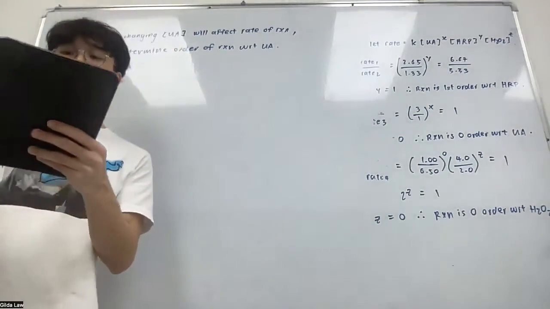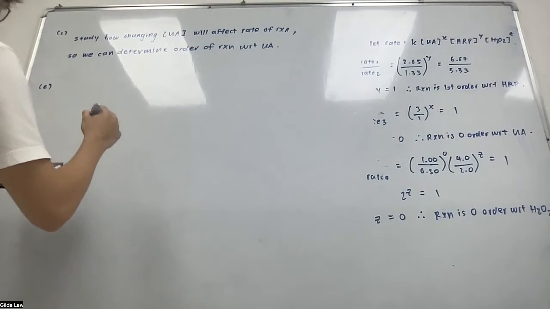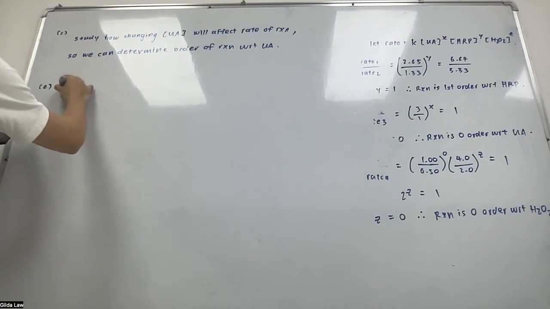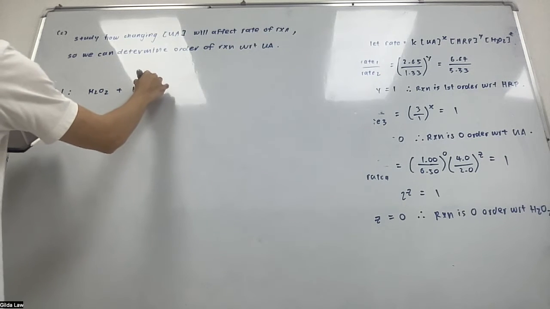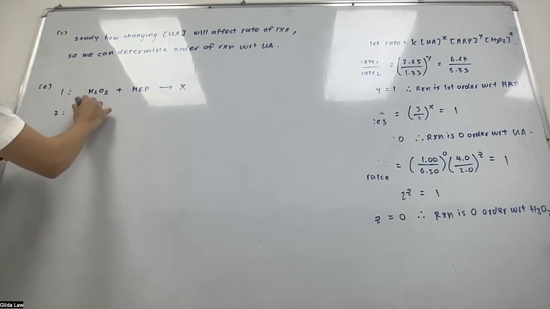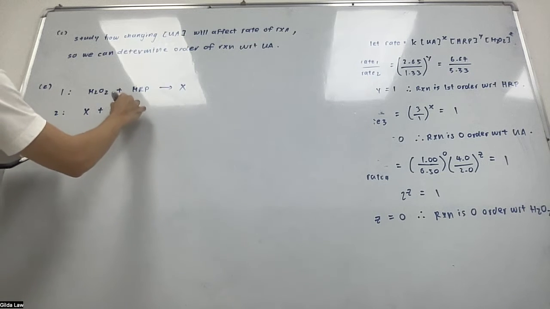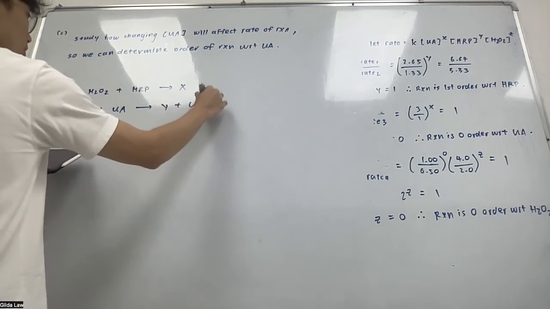Okay, they say explain fully. So you need to break down the word homogeneous catalyst here. Go and look, remember the definition of a catalyst, and you see how that is applied into this reaction pathway.